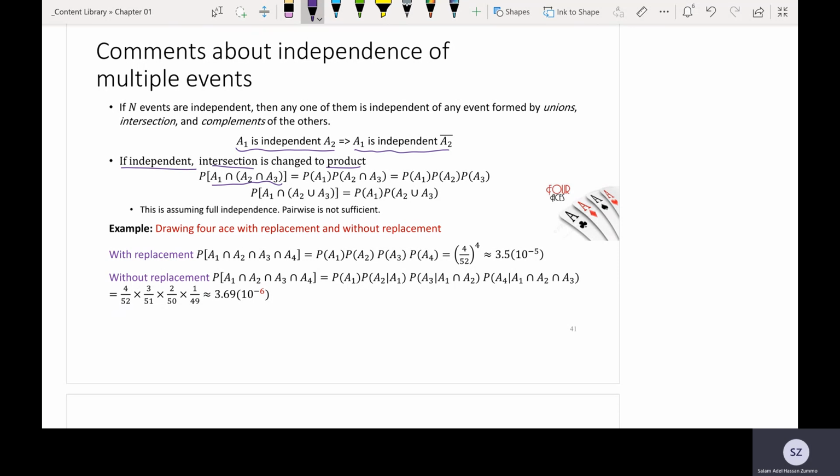As soon as you see independence, you can dismantle the probability into the product of the individual probabilities because of the independence. So whenever we see the probability of A1 intersect A2 intersect A3, this is equal to the probability of A1 multiplied by the probability of the other two. And if A2 and A3 are independent, then it is equal to the probability of A1 multiplied by the product of the other two.